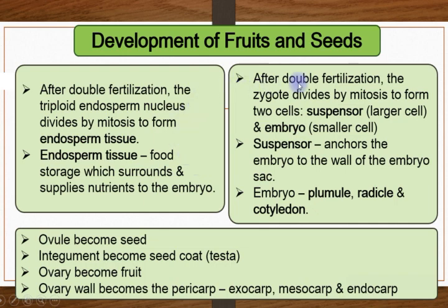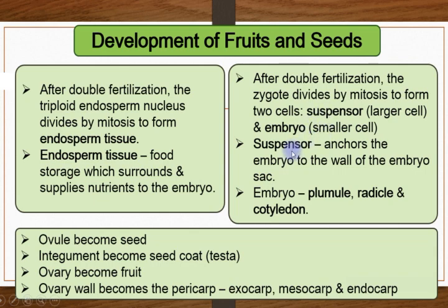Also after double fertilization, the diploid zygote, formed when the male gamete fertilizes the egg cell, divides by mitosis to form two cells: the suspensor, which is the larger cell, and the embryo, which is the smaller cell.